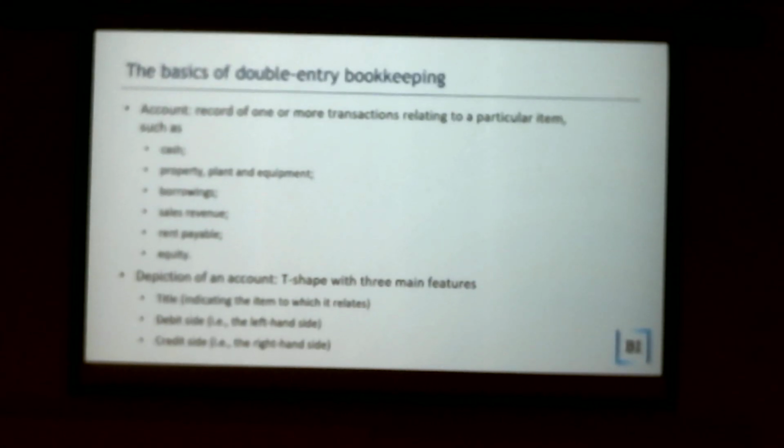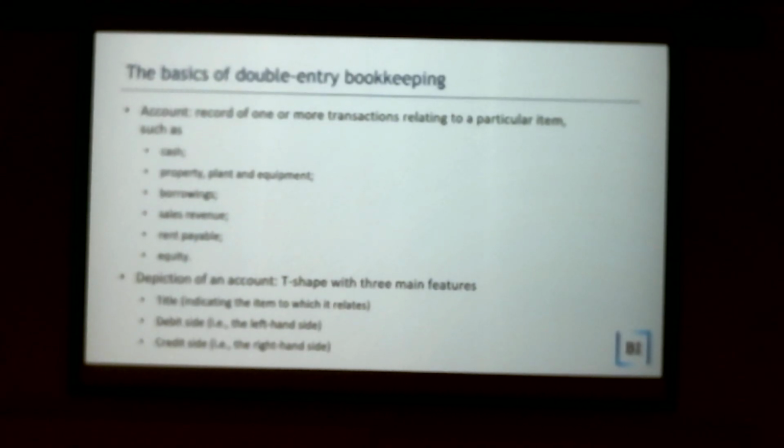And then these accounts are set up in this T-shaped form. In a minute you will see how this looks. These accounts usually have a title: there is a cash account, property account, borrowing account, and so on.